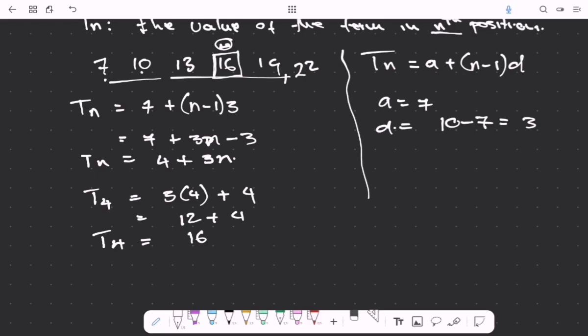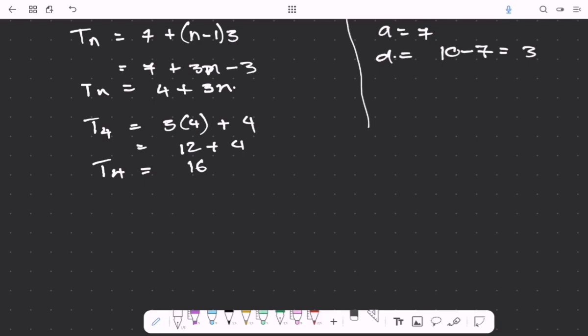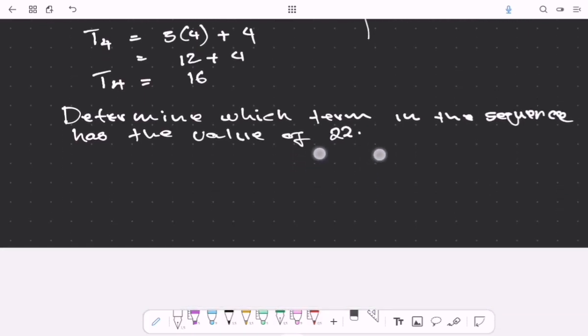So let's say we were given 22, and the question says, determine which term in the sequence has the value of 22. So we are given 22, but what is this 22?